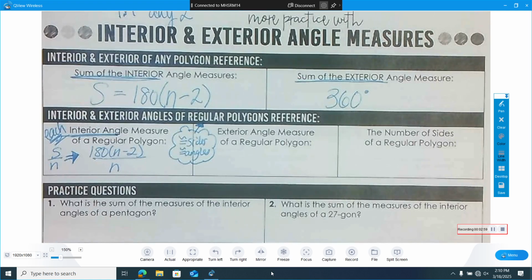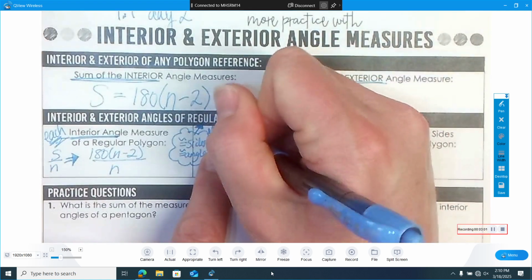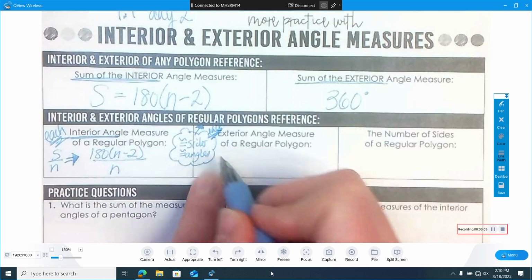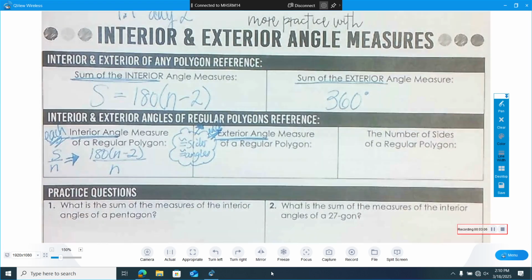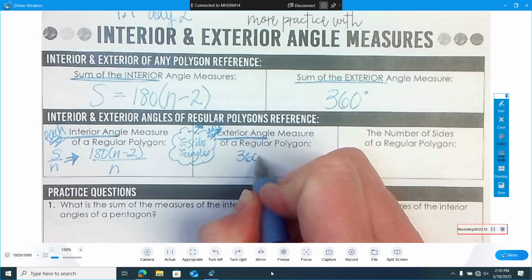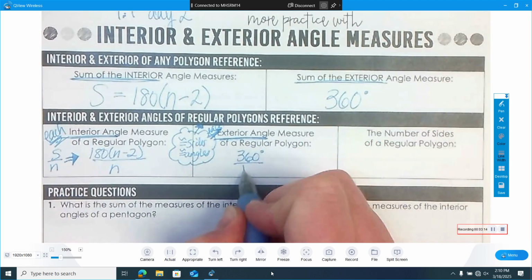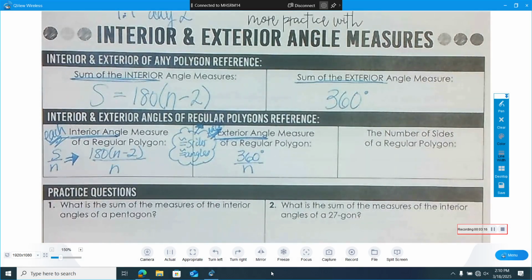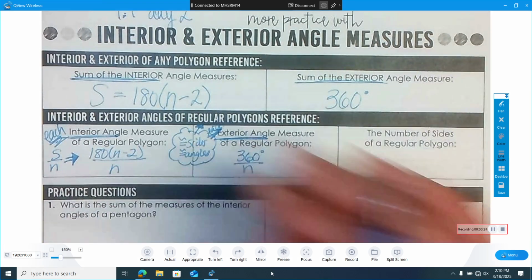What about each, again, adding in that little word, each exterior angle? Yeah, 360 degrees. Exterior angles always added up to 360 degrees. And if we divide by the number of sides, that'll give us each individual angle. Okay? So these are all the formulas that we need today to help us out.